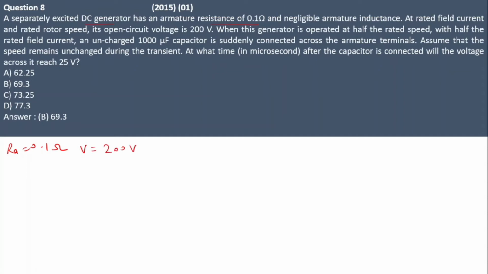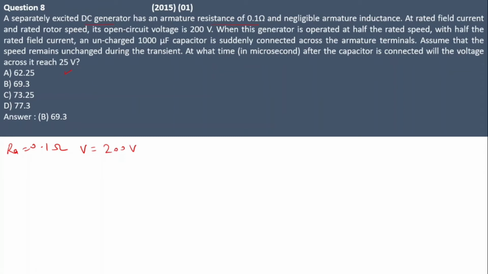When this generator is operated at half the rated speed with half the field current, an uncharged 1000 microfarad capacitor is suddenly connected across the armature terminal. Assume that the speed remains unchanged during the transient. At what time in microsecond after the capacitor is connected will the voltage across it be 25 volt?